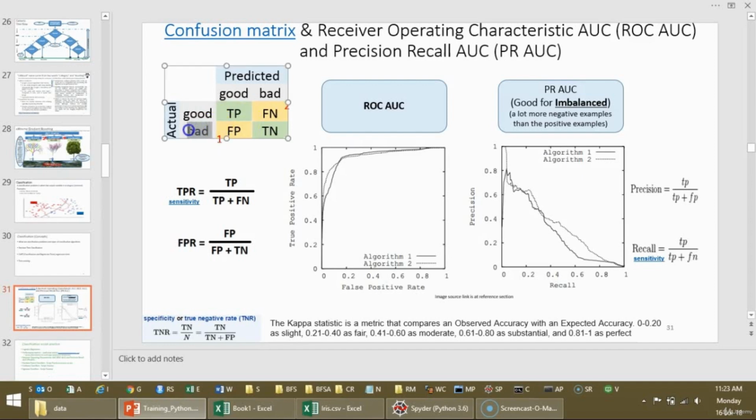You are infected, but the doctor is saying you don't need to take the test because you are good. It means you are committing this kind of error, false positive. So depending upon the situation, you see what kind of error you are committing and what you should do.